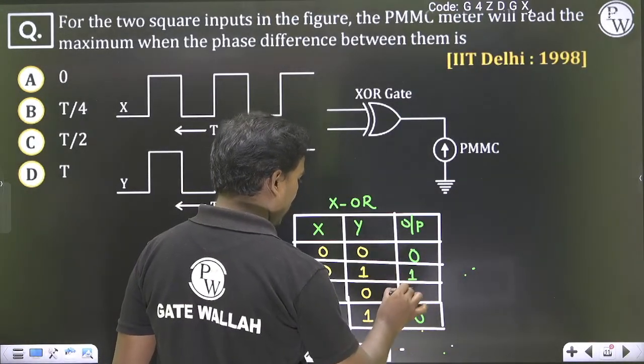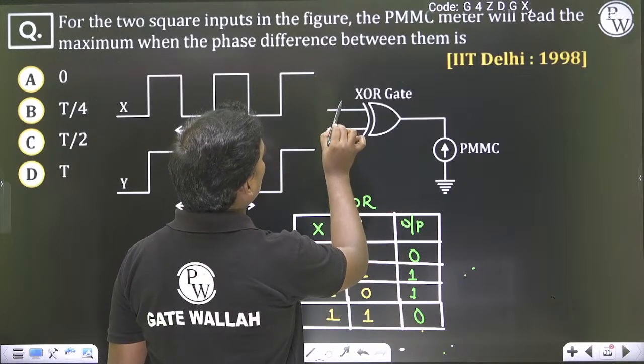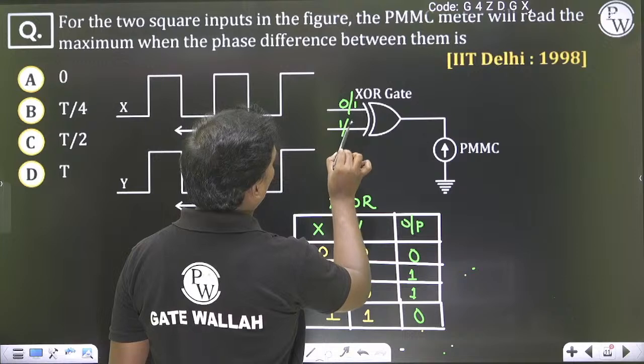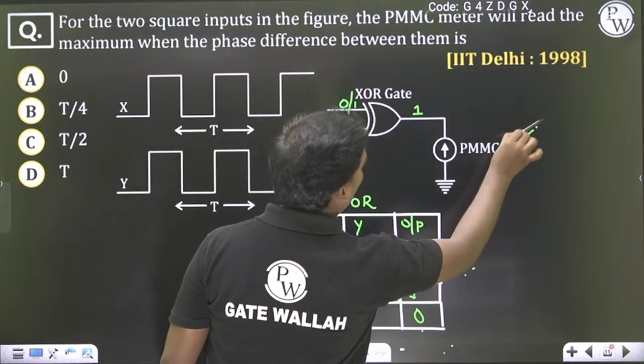In the remaining cases it is 1. That means if X is 0, Y should be 1, and if X is 1, Y should be 0. Then you are going to get 1, and the PMMC will be reading.